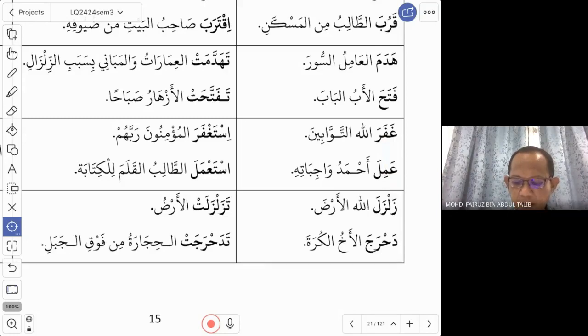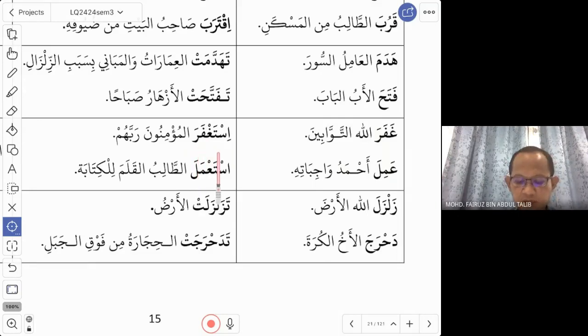So from the fi'il ghafara, which is fi'il mujarrad, we can change this to fi'il mazid, istaghfara, where you still have the ghin, fa, and ra, but now we add three letters to the fi'il. You add alif or hamza, you add sin, and you add ta. So now it becomes istaghfara, and the meaning is now changed. Ghafara, to forgive; istaghfara, to seek forgiveness.